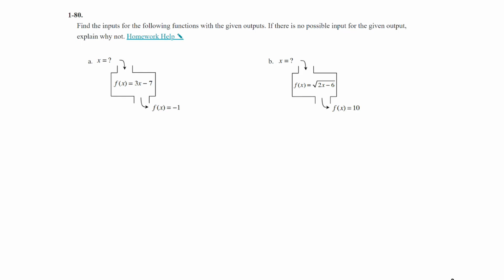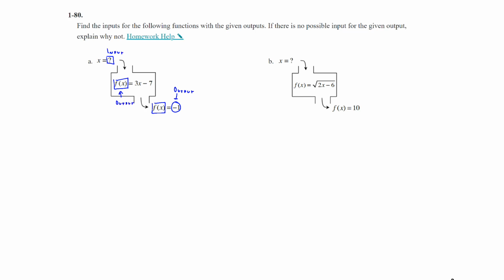Question 80. Find the inputs for the following functions with the given outputs. If there is no possible input for a given output, explain why not. So in part A, it actually gives us the output. So this -1 represents the output. This value here represents what we're planning to plug into the function to get that output. So since f of x is the same as y, this whole thing also represents the output.